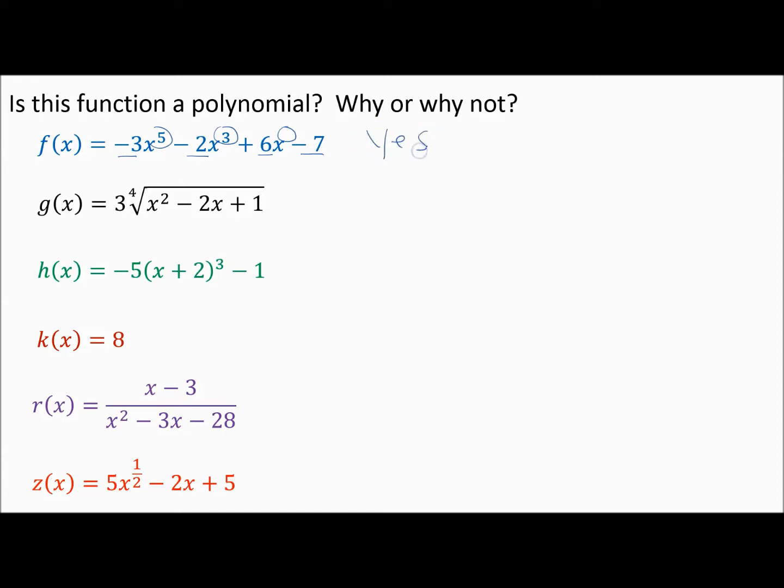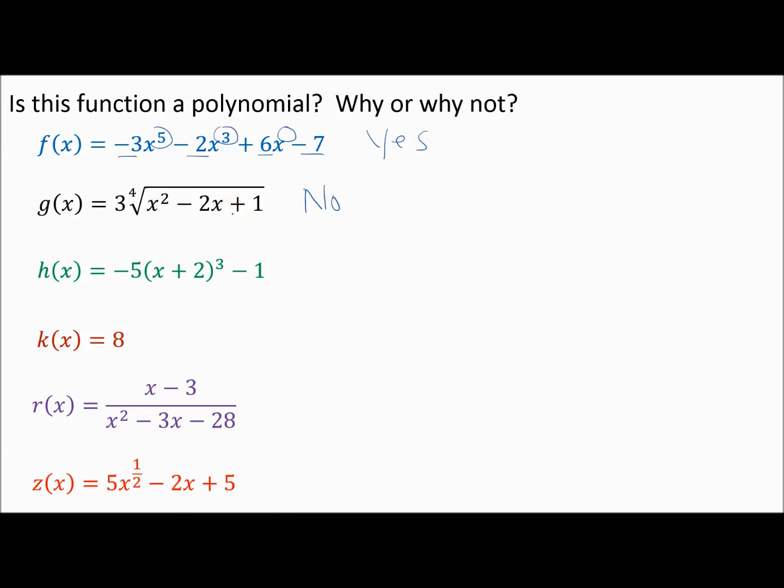On the other hand, g of x, you've got 3 times the 4th root of x squared minus 2x plus 1. That is not a polynomial. Any radical is not allowed, and really a radical is a fractional exponent, so that's not allowed at all. h of x, is that a polynomial?